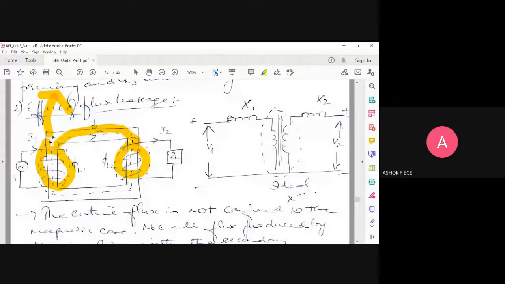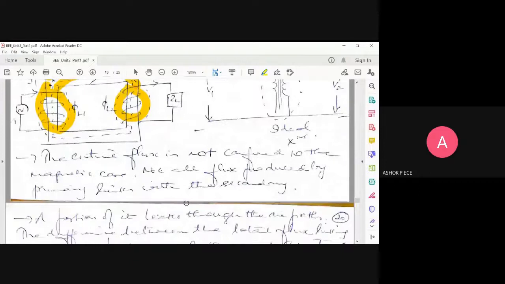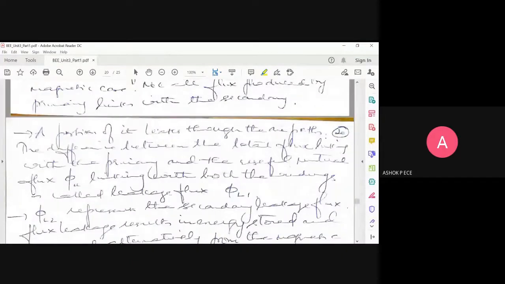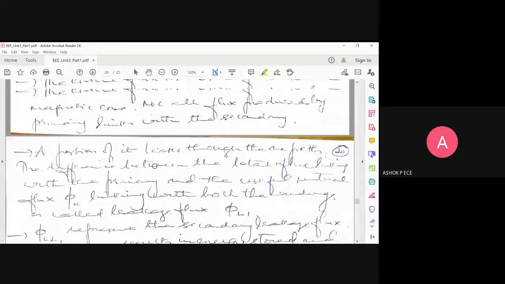This X1 will indicate the leakage flux in the primary. So power loss means we'll be using a resistor. When you are going to have flux leakage, I'm going to represent that by an equivalent inductor X1 at the primary. Any doubt so far? Any doubt in the effect of flux leakage at the primary side?